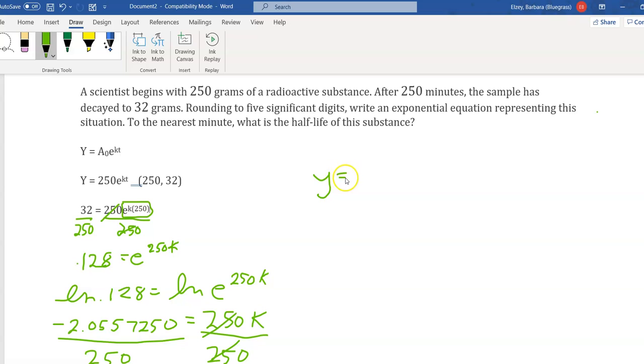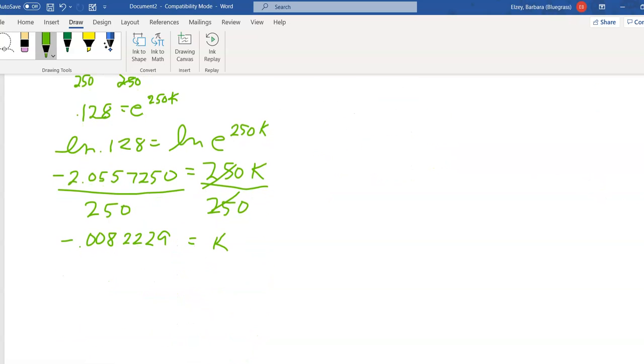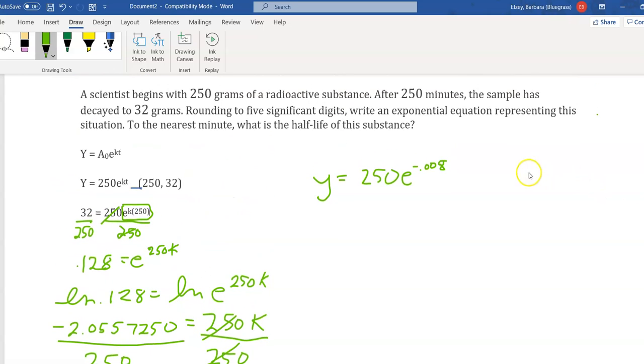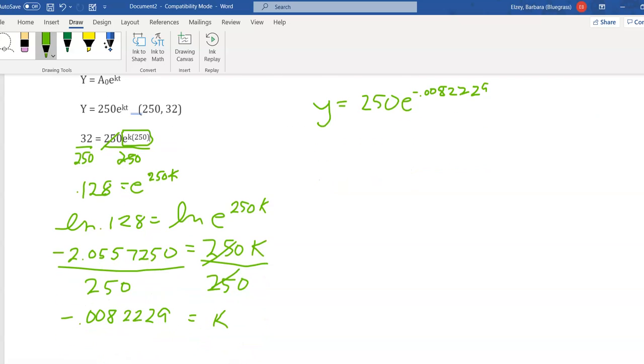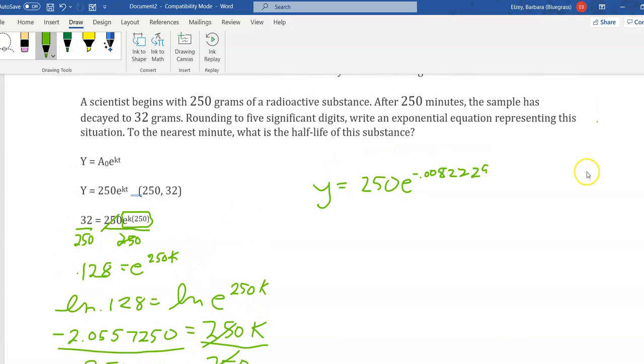We're going to put k in. So we've got 250 e to the negative 0.0082229, and actually, since it said to round to 5 decimal places, I could have rounded that off right here. And t. Okay, so we're just plugging in for that k right there.